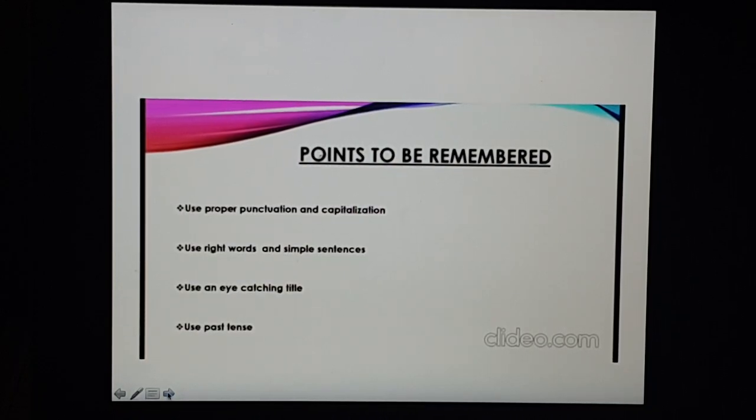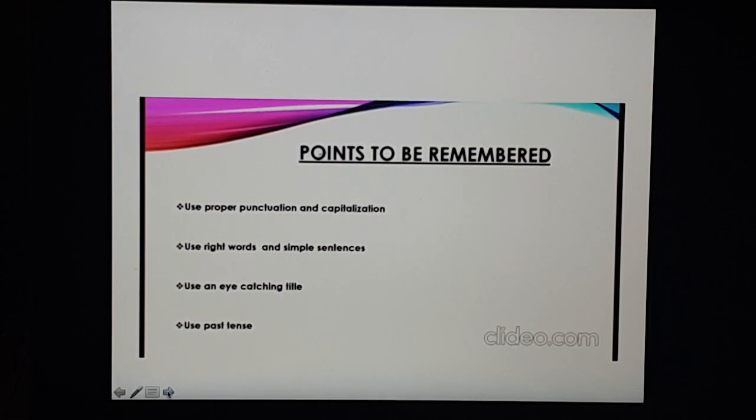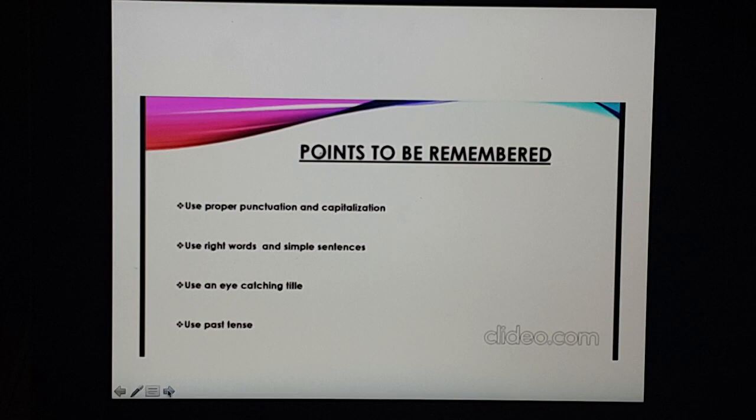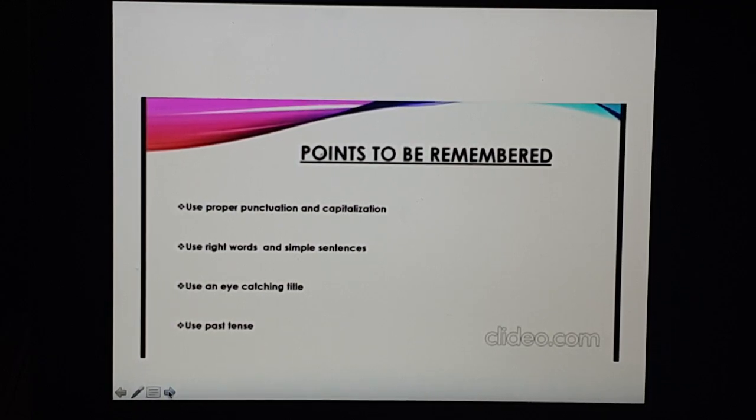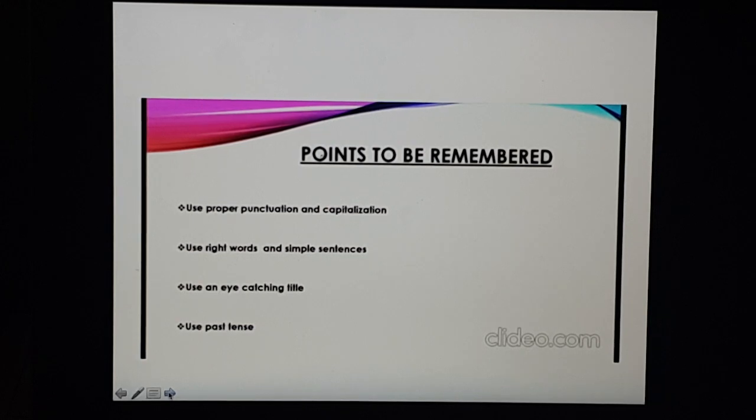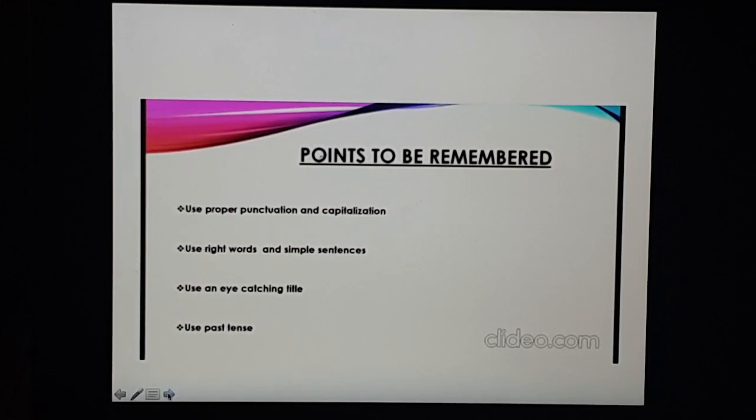And last, to remember how to go about your writing techniques. So points to be remembered: use proper punctuation. If you are writing a story, use proper punctuation and capitalization. It's only while you are writing, not when you are narrating a story. While you are writing, use the right words.